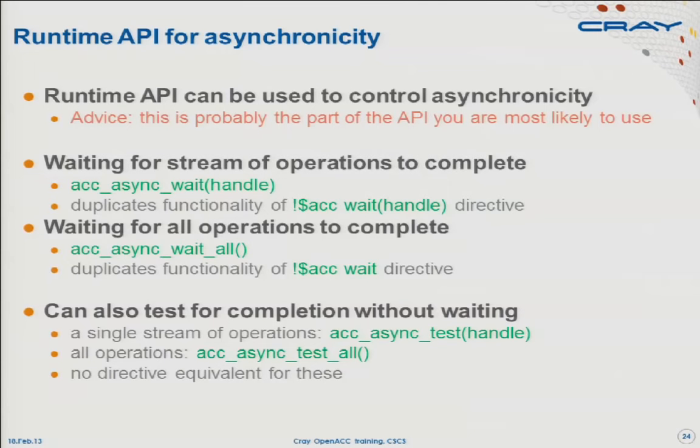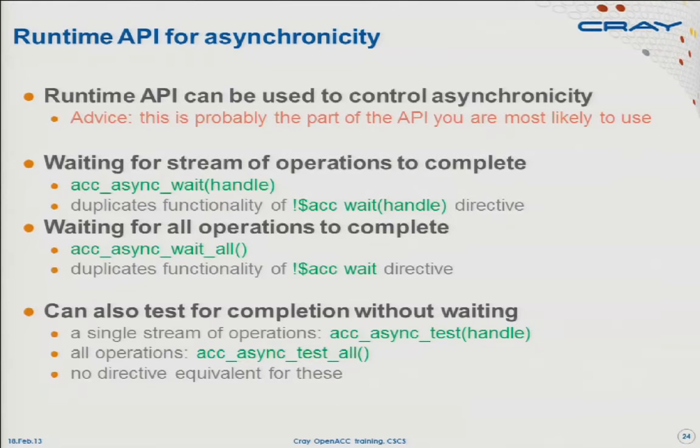The API that you're most likely to use is the stuff to do with asynchronicity. Just like there was a wait directive to get all the asynchronous things finished, you can call a runtime function. And just like you could wait for a particular stream of tasks to finish, there's a function that you can call that will do that for you.